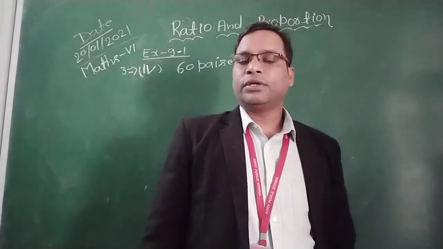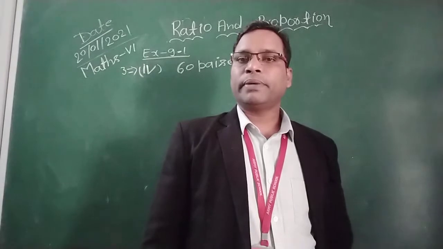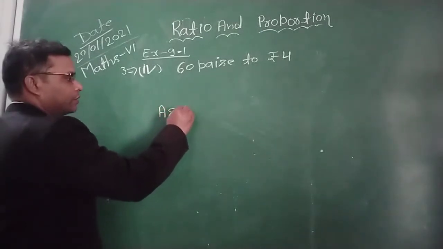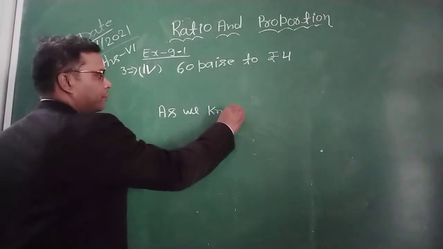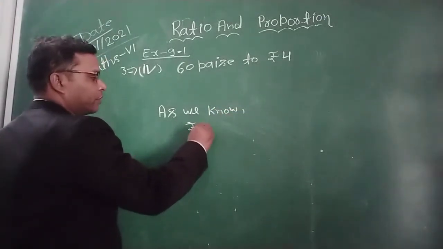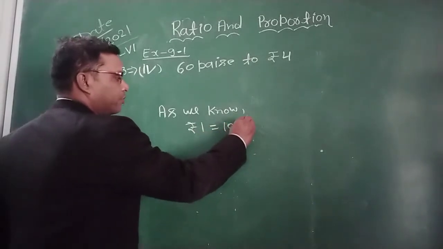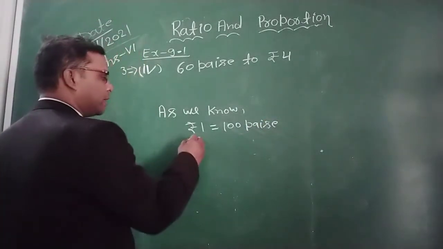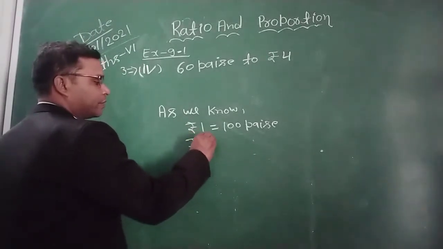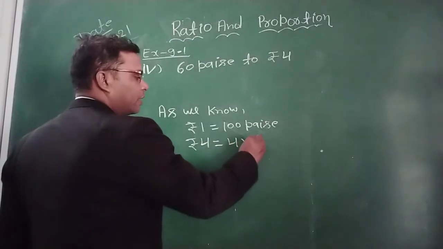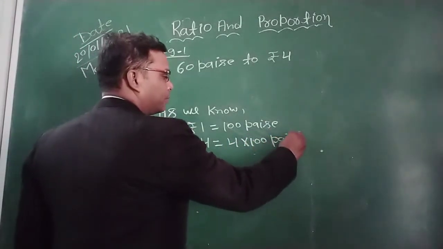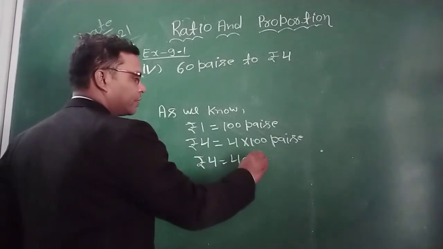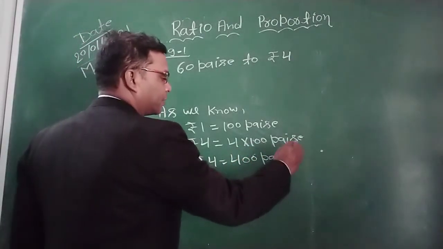As you know, 1 rupee is equal to how many paise? 100 paise. 1 rupee is equal to 100 paise, but we have 4 rupees. 4 rupees is equal to 4 into 100 paise, which is 400 paise. This is clear now.